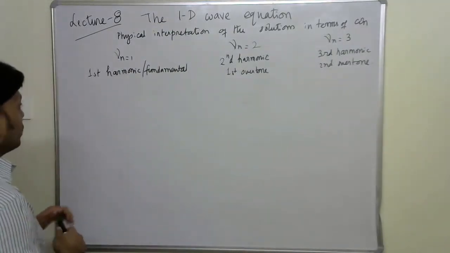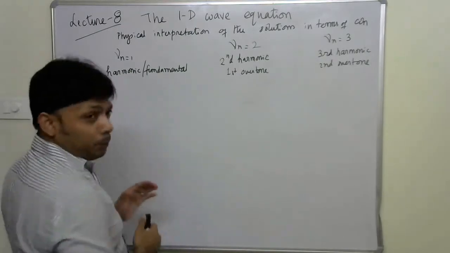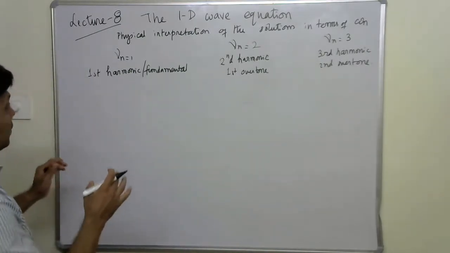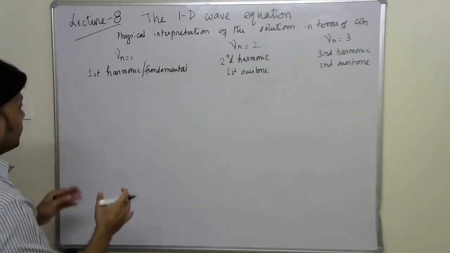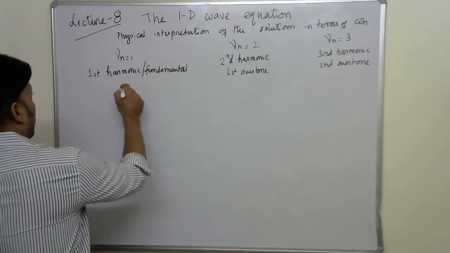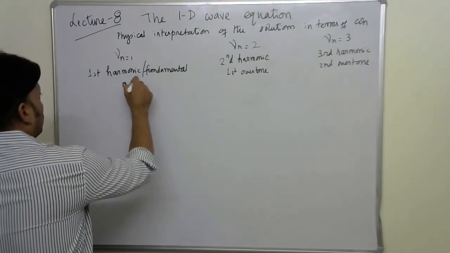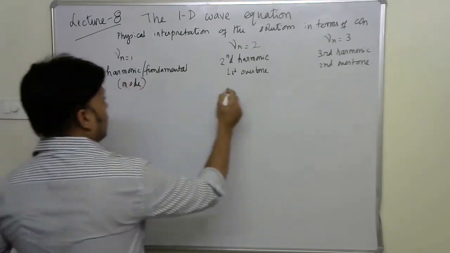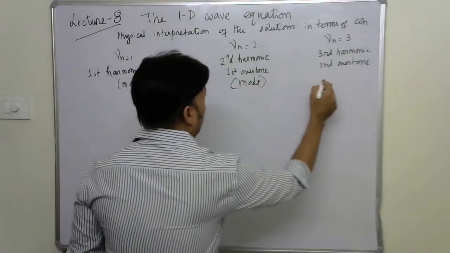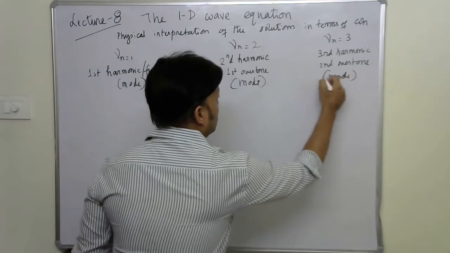So now let's try to see the physical picture of in what mode the string vibrates for the corresponding n. Each of those vibrations is called a mode. So this one is called the fundamental mode, this one is called the first overtone mode, and this one is called the second overtone mode.